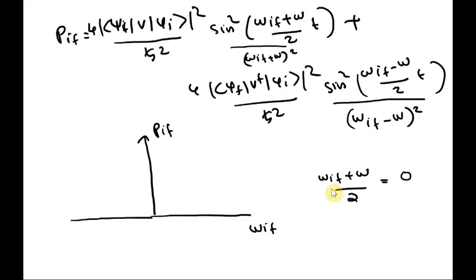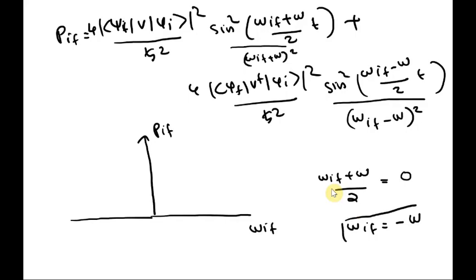That is when the sine square theta by theta square function is going to be maxima. So omega if in that case will be minus omega. So this is a kind of resonant condition for you.